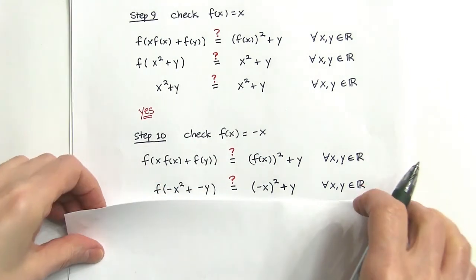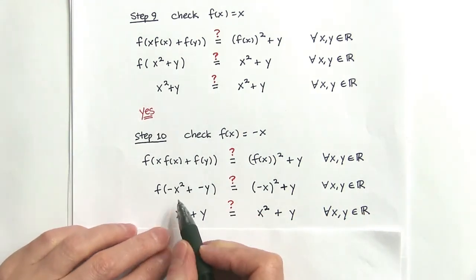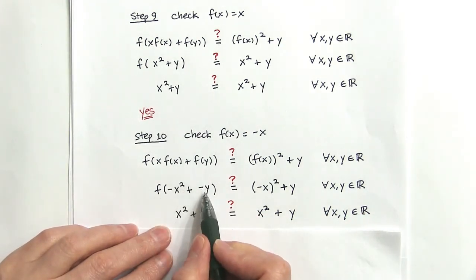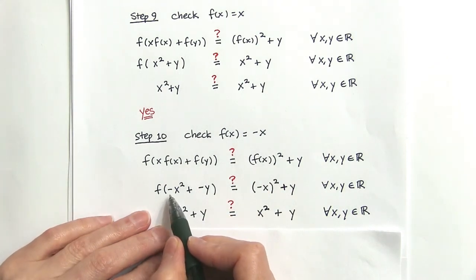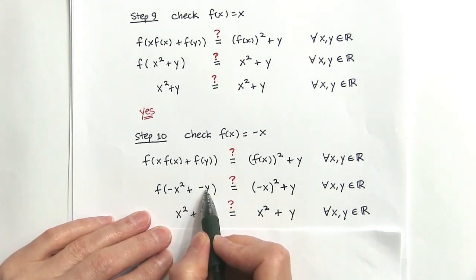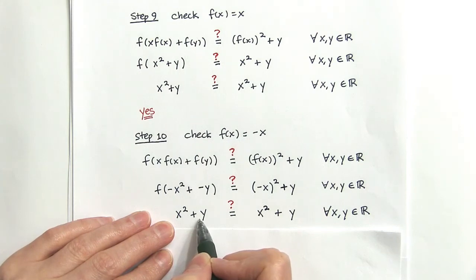Well, again, what does f do to any number you plug in? It takes the negative of it. So f evaluated at negative x squared minus y is the negative of negative x squared minus y, or positive x squared plus y.